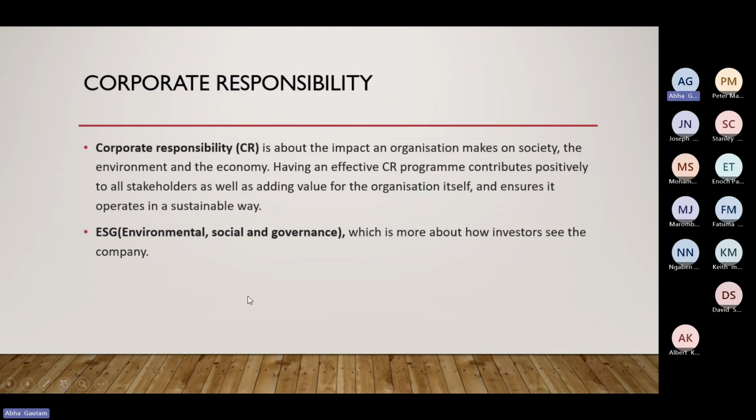So if an investor is looking at the company, that investor will say that I am reviewing the ESG part of the company. But when an organization fulfills its responsibility, being in the corporate world, if that organization wants to be a corporate citizen, then we say that okay, corporate responsibility is being fulfilled.